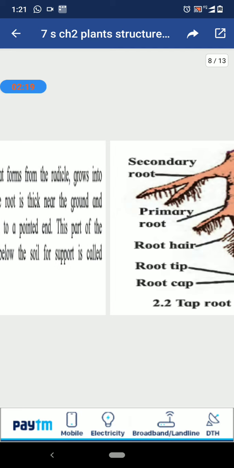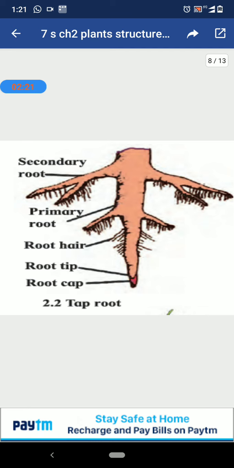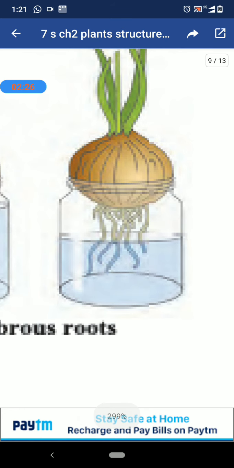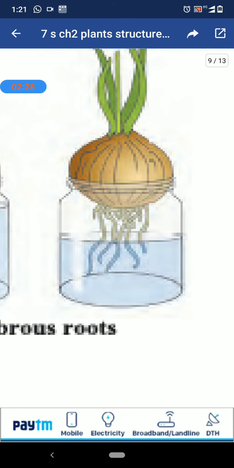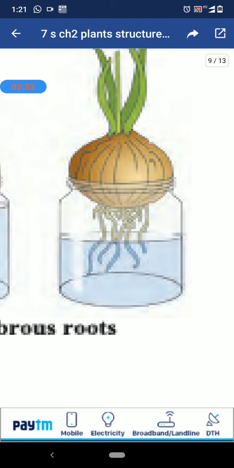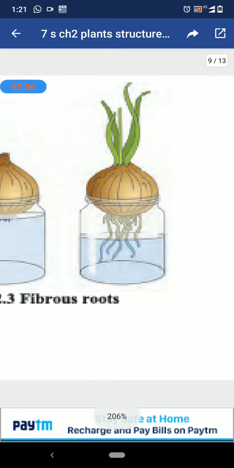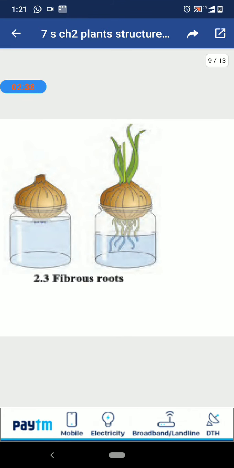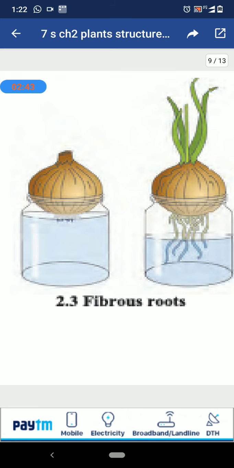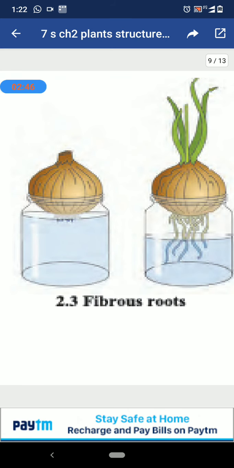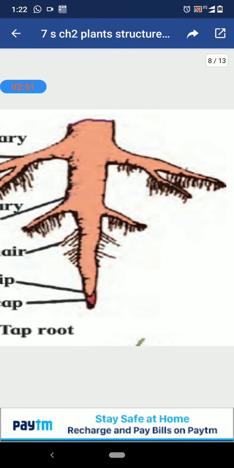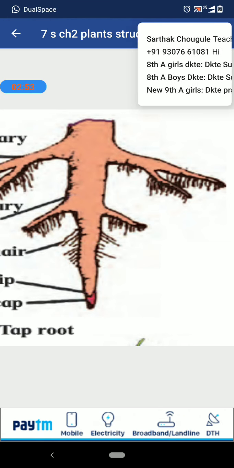After that we saw the fibrous roots. Fibrous roots are wire-like structures and they are very thin in nature. Now, which plants have fibrous roots and which plants have taproots? The monocotyledonous plants have fibrous roots and the dicotyledonous plants have taproots. What are dicotyledonous and monocotyledonous, as I told you yesterday?